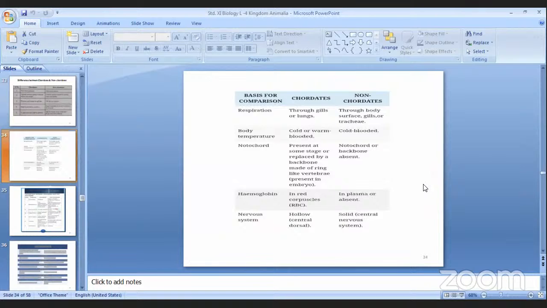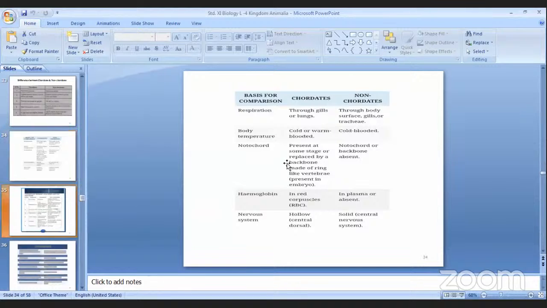Next you see, now this is the basis for comparison. So we are doing a comparative study over here. You can see two columns, chordates and non-chordates, right? We are going to compare between these two. And what are the points for comparison, students? The bases are respiration, body temperature, presence or absence of notochord, hemoglobin, that is whether the red pigment is present or not, then nervous system.